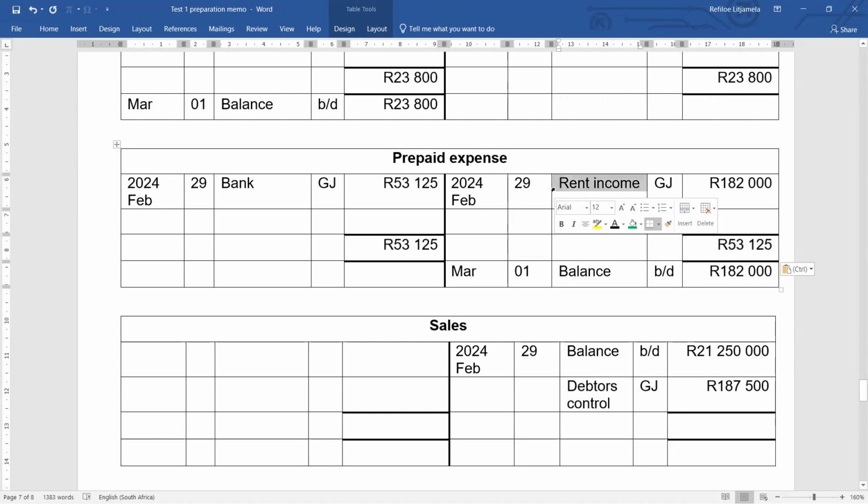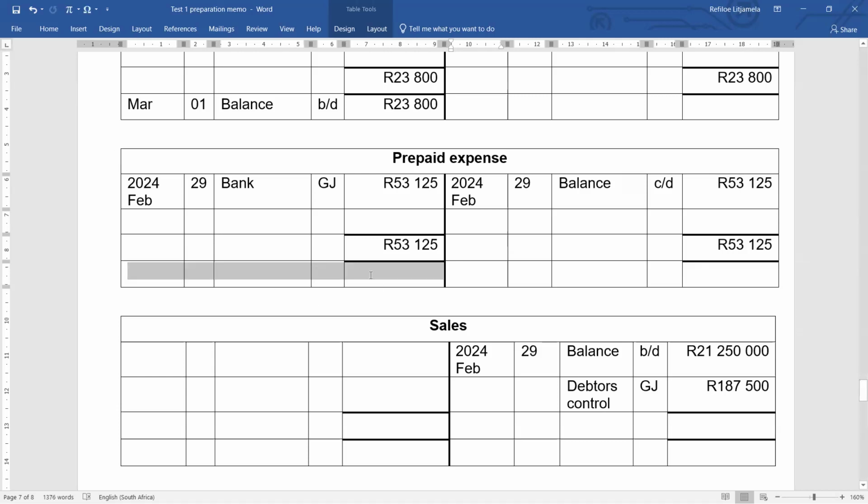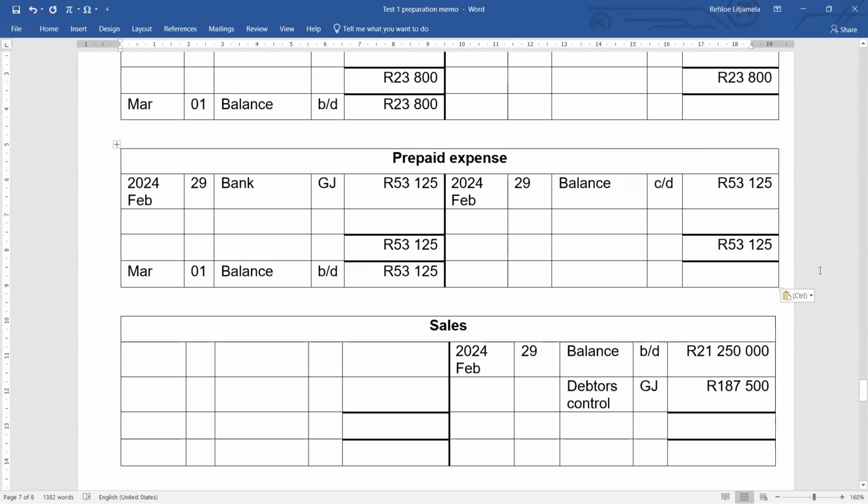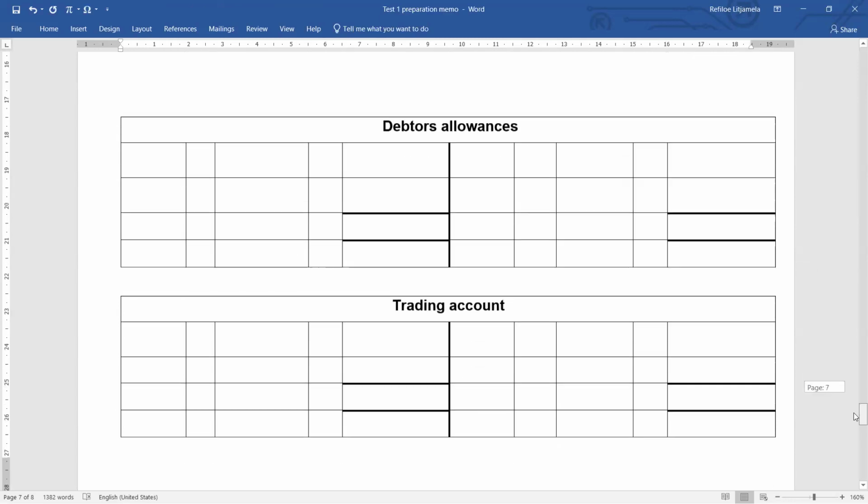The difference will be balance carried down, 53,125, and I'll write it as balance brought down. And that's it when it comes to prepaid expense.